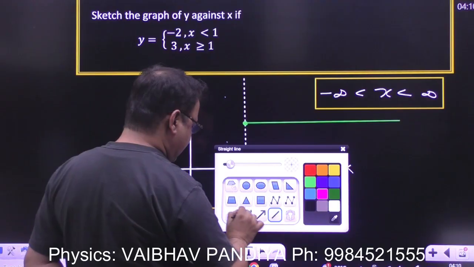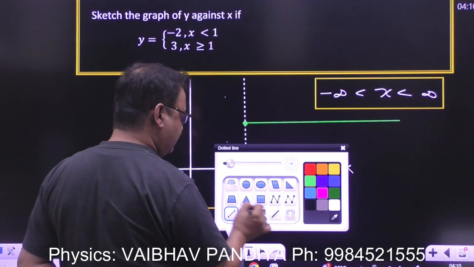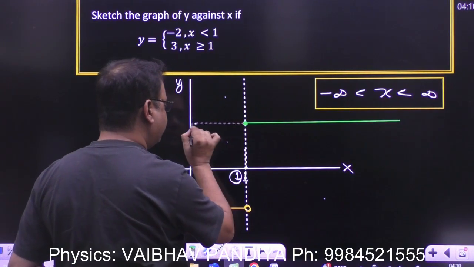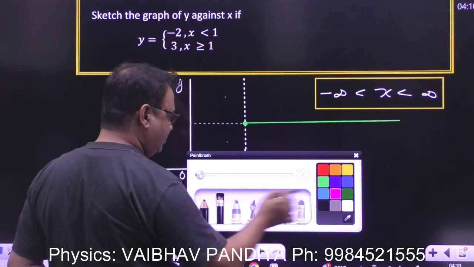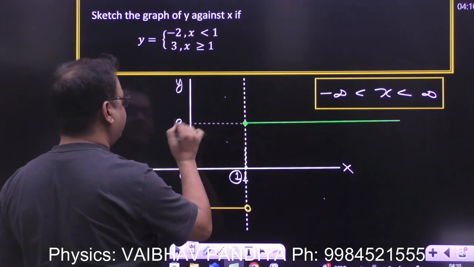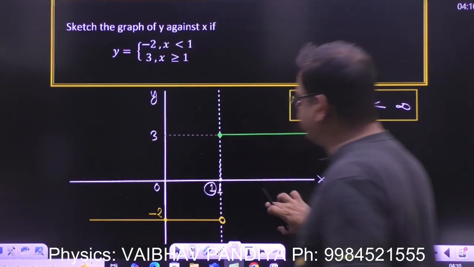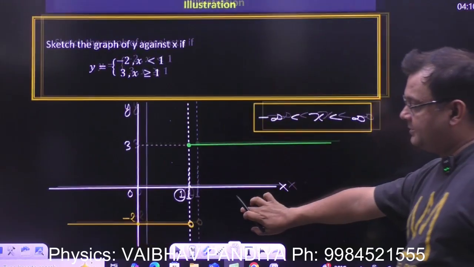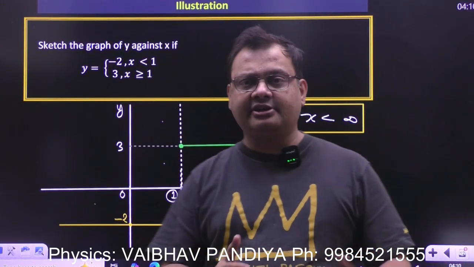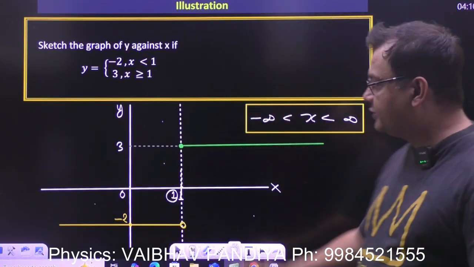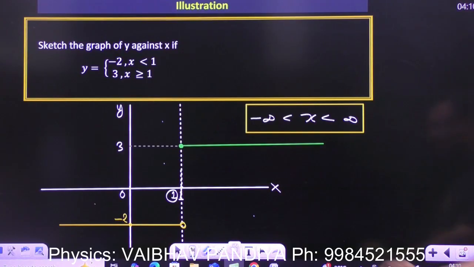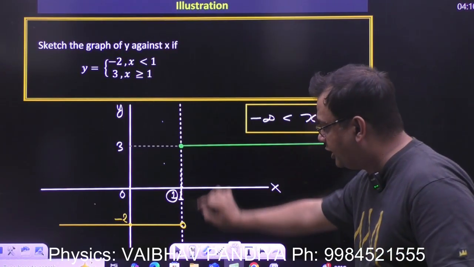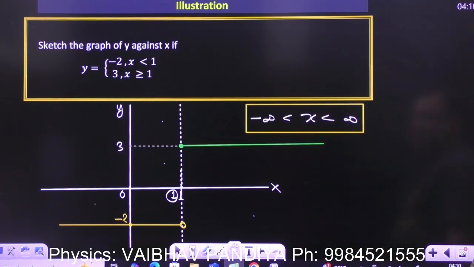Got it? And if you want, you can make a dotted line here to denote the corresponding value of y. So this is equal to 3. So you can see in this illustration, we have a simple piecewise graph. And whether the graph is continuous or discontinuous, clearly you can see the graph is discontinuous in nature. Here we have a breaking point. Okay, so this is the first illustration.